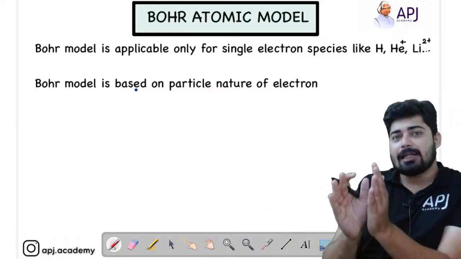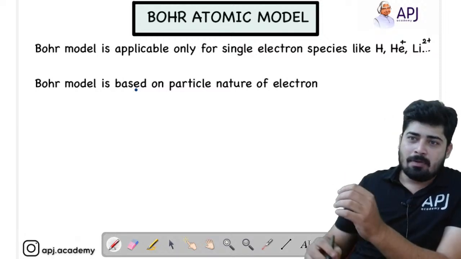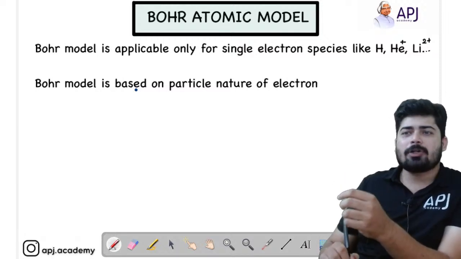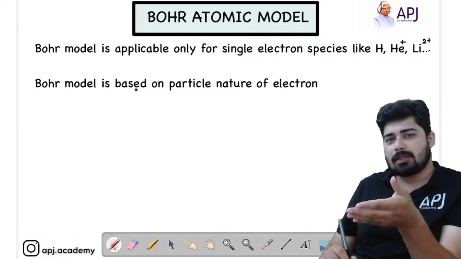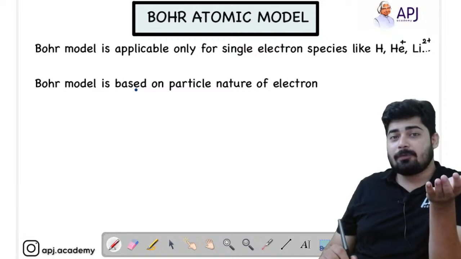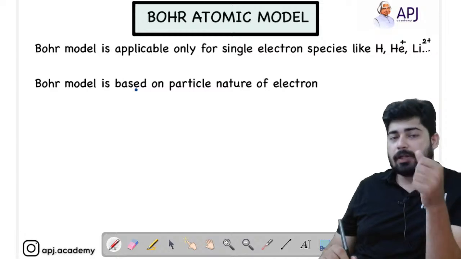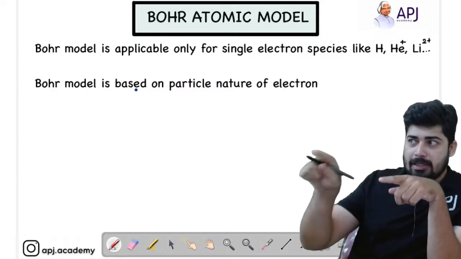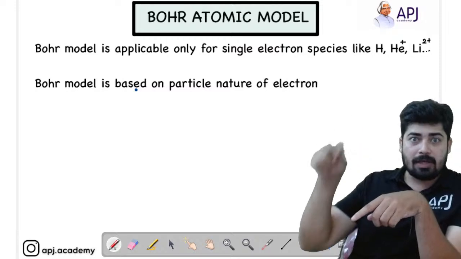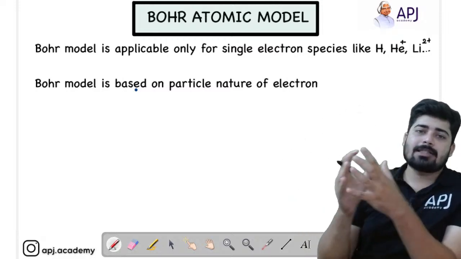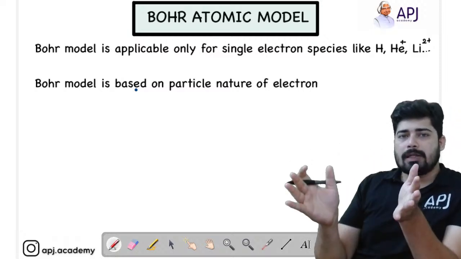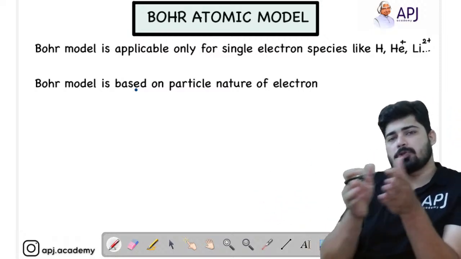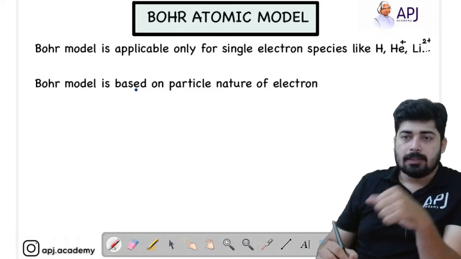Later on, the Heisenberg principle and dual nature came into theory. We started to identify the dual nature of matter and of the electron: it does not move in a straight line, it has a wave nature, and it moves like a wave along the orbits of the atom. This is what we learn from the wave nature of electrons. So it shows the particle nature as well as the wave nature.